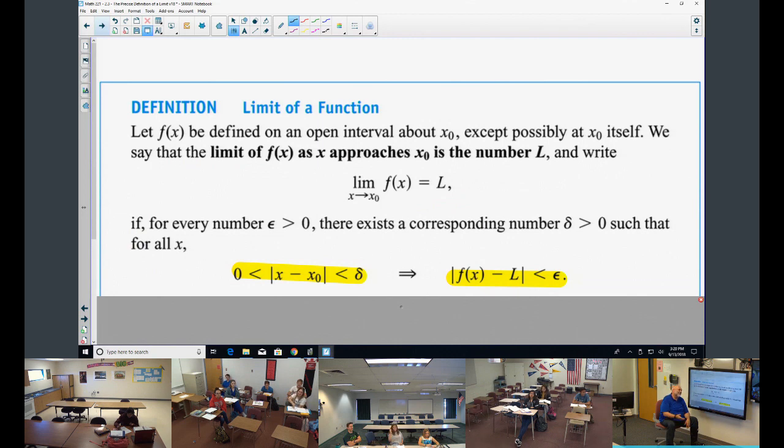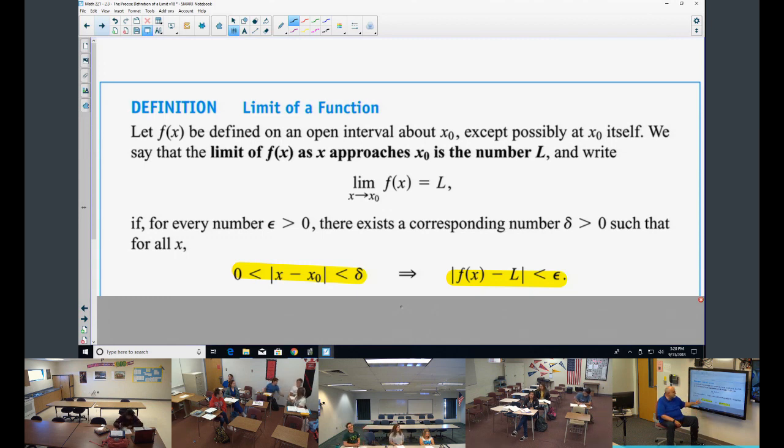All right. Well, okay, let's keep going here. So when we set up these limits and we're trying to do this delta epsilon thing, this part right here that I've highlighted is how we set it up.